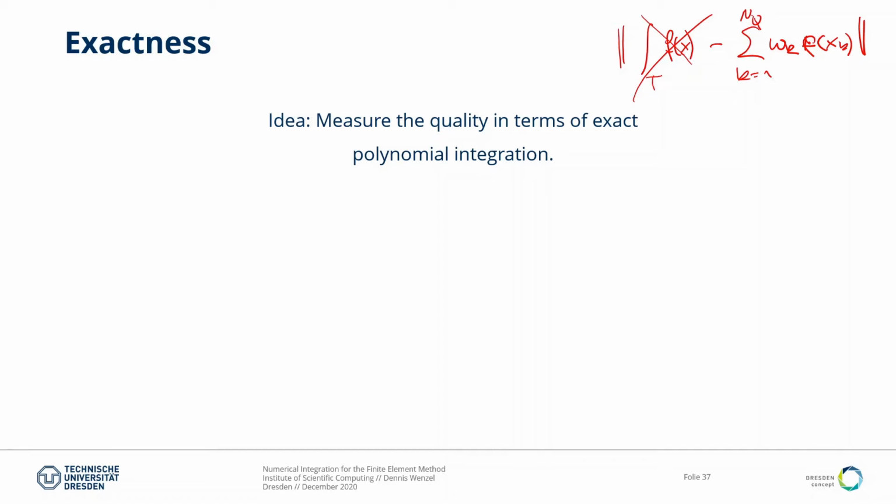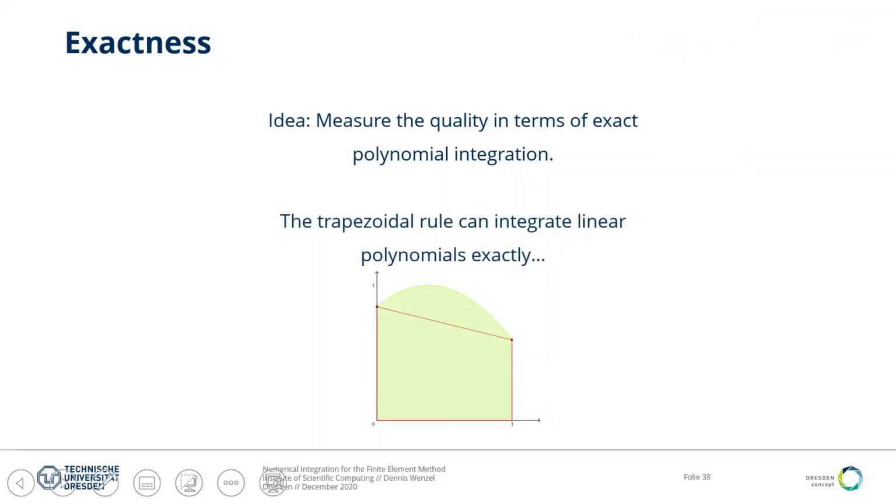So, exact polynomial integration. Let's see what this does in particular. If you look back at our example of the trapezoidal rule, it's easy to see that this can integrate linear polynomials exactly. If you wanted to approximate the integral for a linear function going from here to there, then you can see that my trapezoidal rule gives us the exact values for the integrals, right?